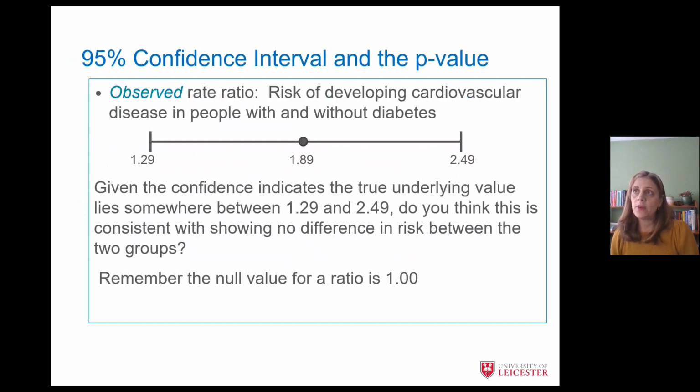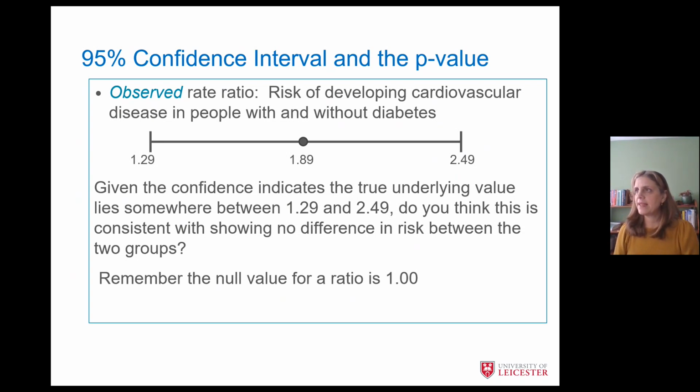And this is really useful when it comes to interpreting 95% confidence intervals, because it allows you to look at a confidence interval and see if there's a statistically significant difference or risk or association by looking at the limits of the confidence interval.